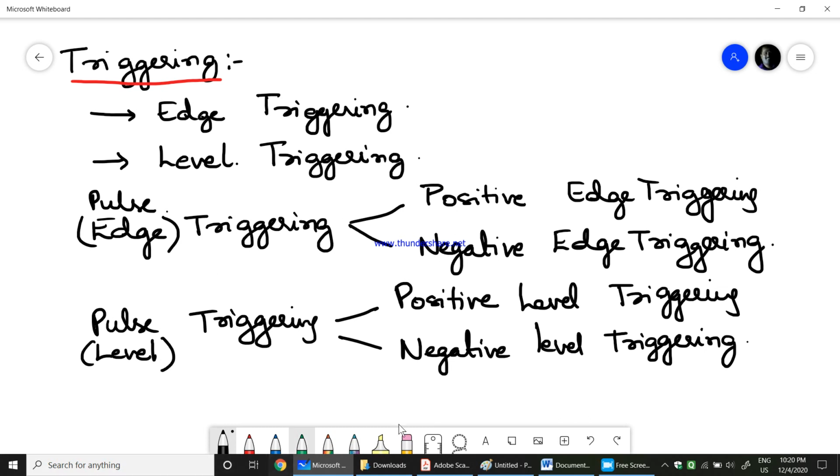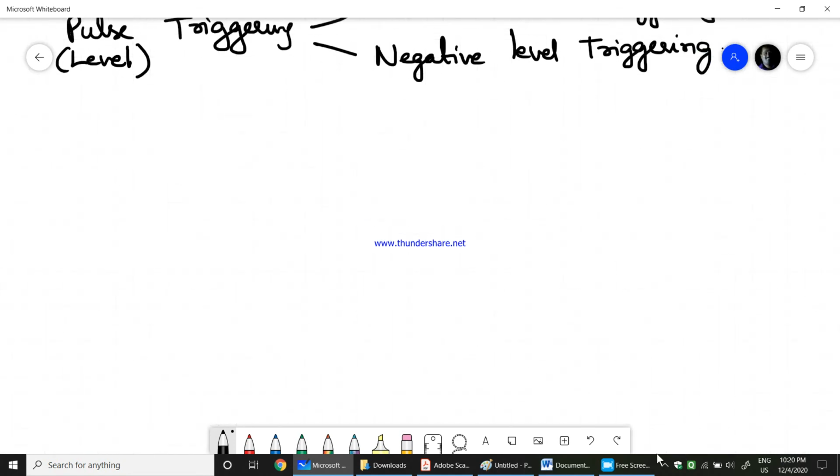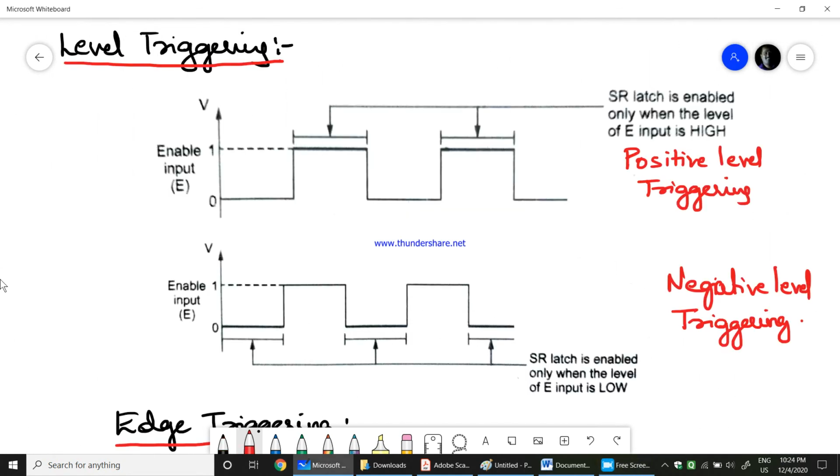So as I said, there are two types of triggering. One is level triggering and the other is edge triggering. This waveform totally relates to level triggering. What is level triggering? The flip-flop or the circuit gets triggered during the positive half cycle, and for the entire positive half cycle the circuit is getting triggered.